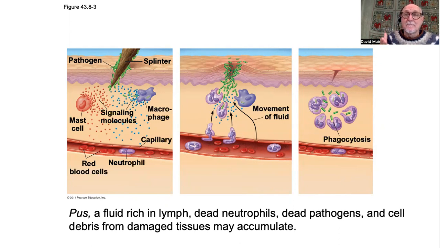You'll know these immediately. The following symptoms are characteristic of inflammation. The first is swelling. The second is heat, to feel warm. The third is redness. And the fourth is pain. Those four symptoms are the characteristics of inflammation.